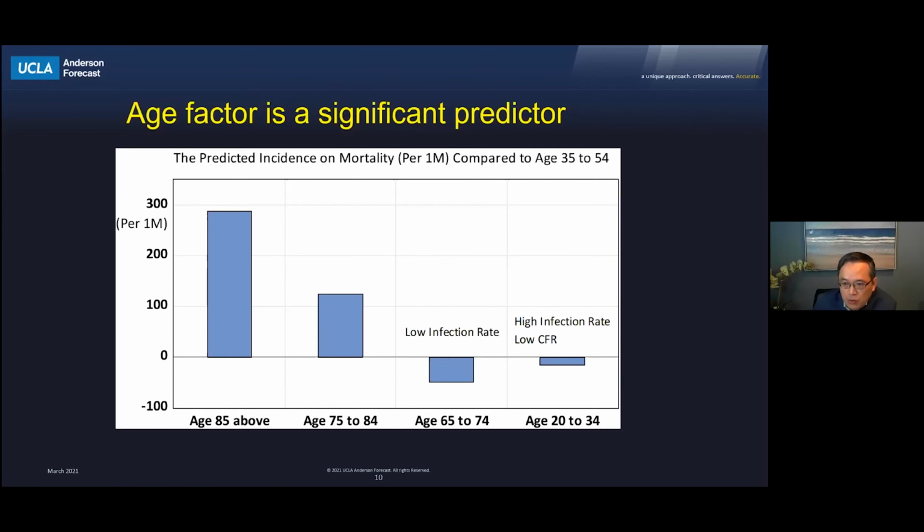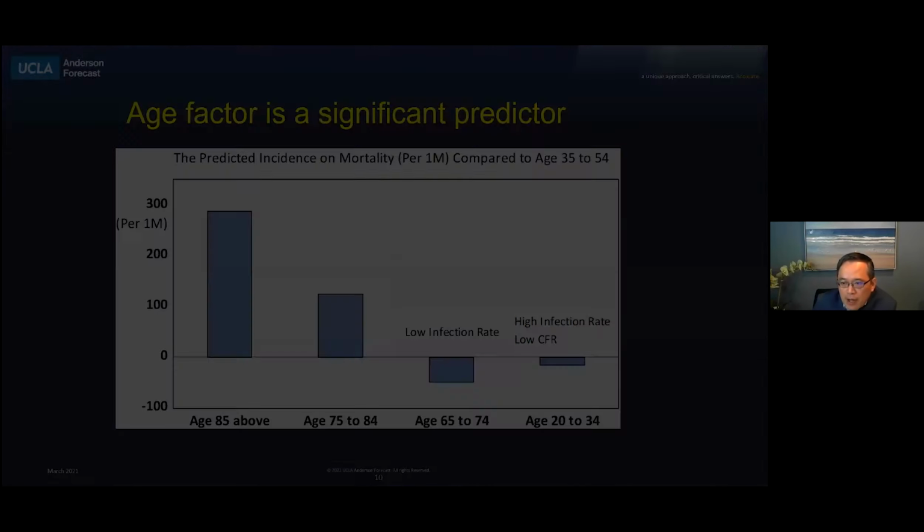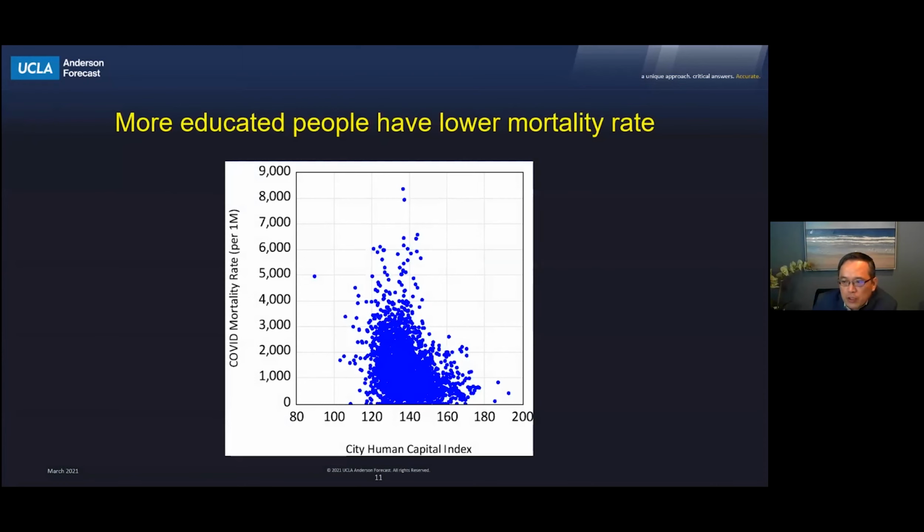So in this chart, I will show you the correlation between the education and COVID mortality. The horizontal axis is the CT Human Capital Index. The index, if you guys remember, we developed several years ago, which is the weighted average of education attainment of adult residents. So we can think 1/10 of the index is like an average schooling years. And the vertical axis is the mortality rate.